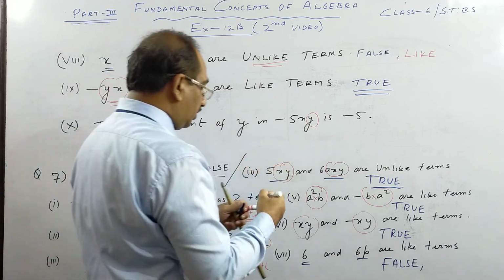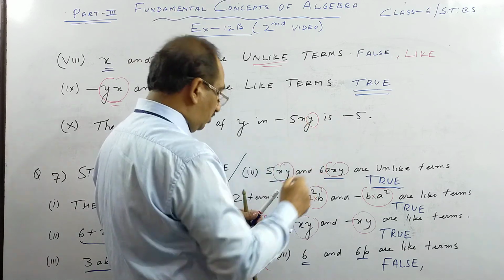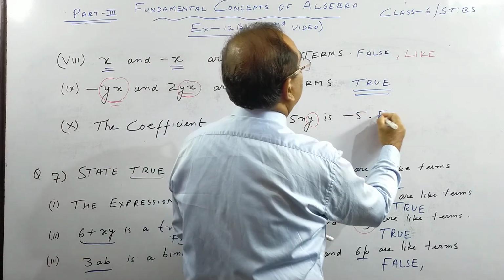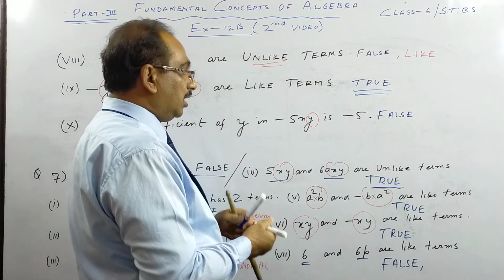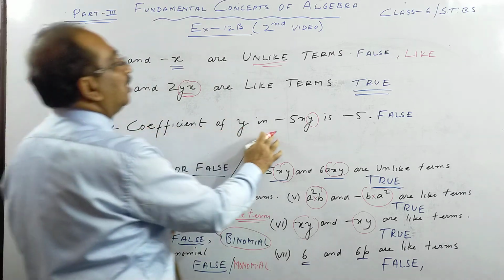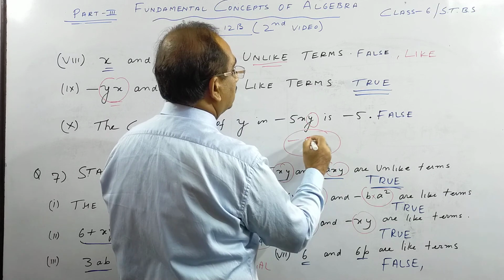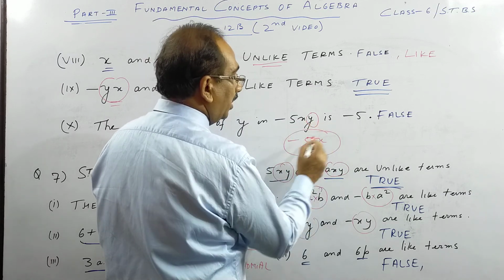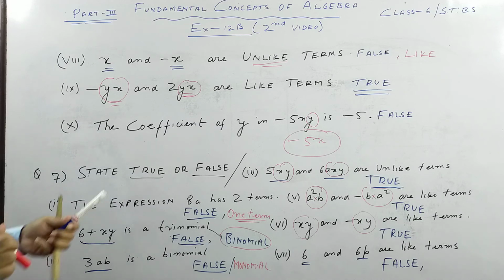So what is coefficient of y? It is minus 5x, not minus 5. So this is false. So what is the correct answer? I'll show you. The coefficient of y in minus 5xy is minus 5x is the correct answer, not minus 5, minus 5x.